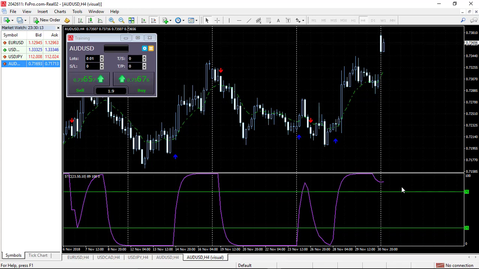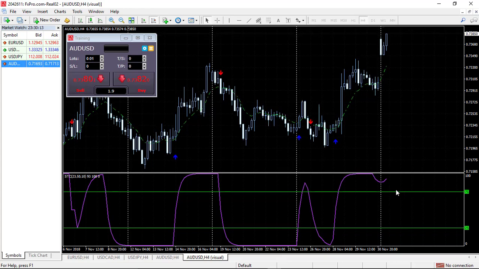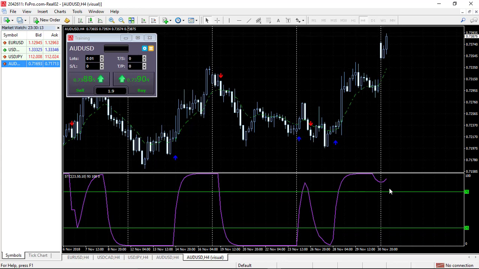If you remember, the rules for selling is that you wait for the signal line to cross below the 75 line, and you take your sell order on the candlestick that coincides with the crossover.